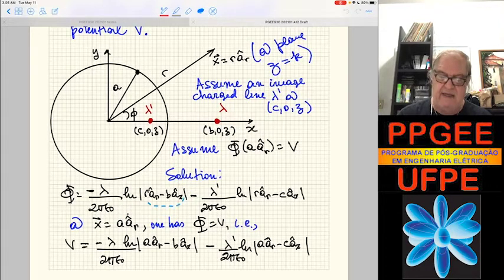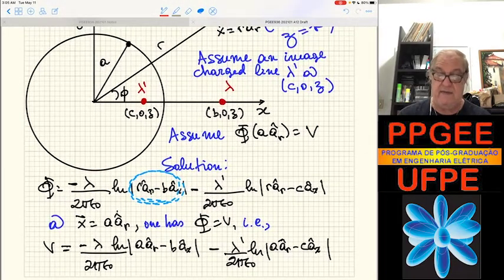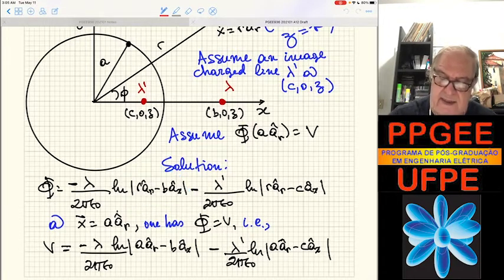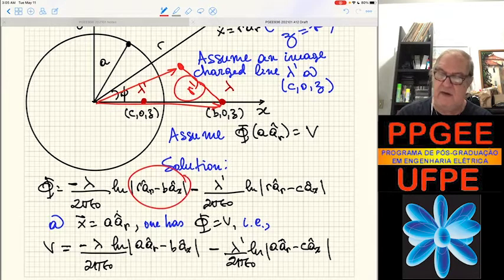The r in the case I just showed changes to the magnitude of the difference vector. In fact, what's here is the distance, right? It is the magnitude of this r prime, that is, the vector x r-hat minus b x-hat. So that gives me r prime, which is this number here, okay?